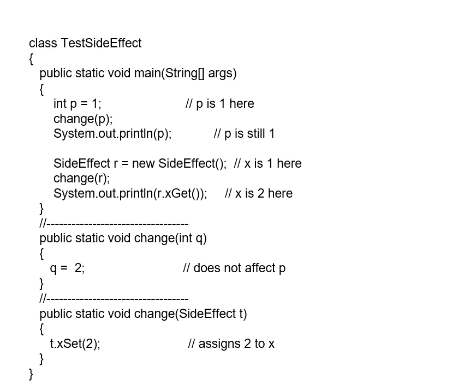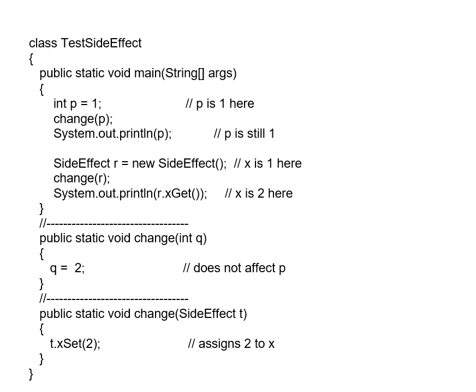If you think back to the side effect class that we were just looking at, x initially has the value of 1, I think, right? So we're going to change it. No matter what you do, change cannot change the value of R, but it can change what R points to.